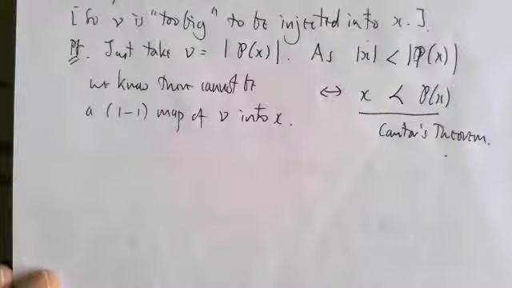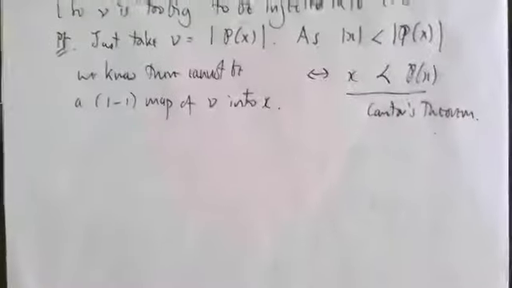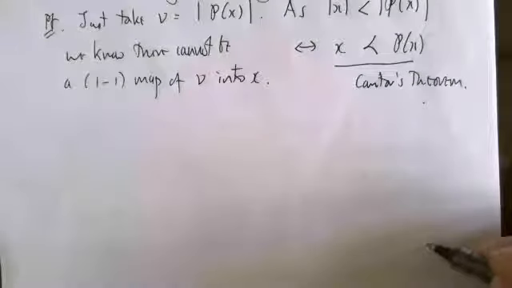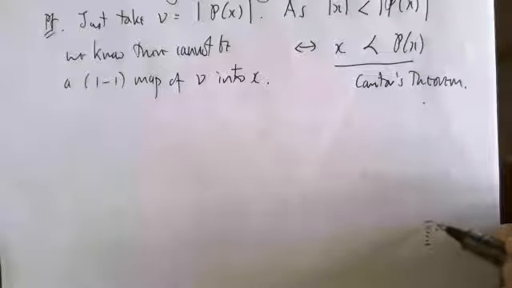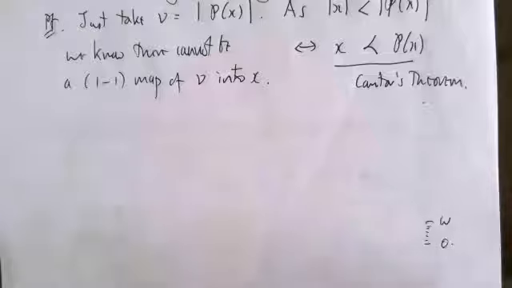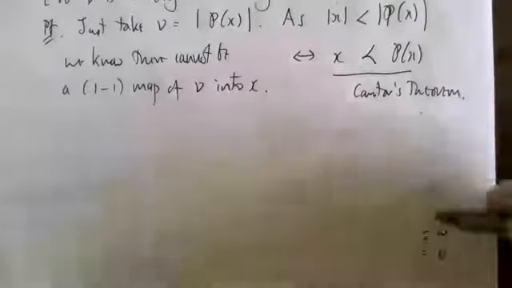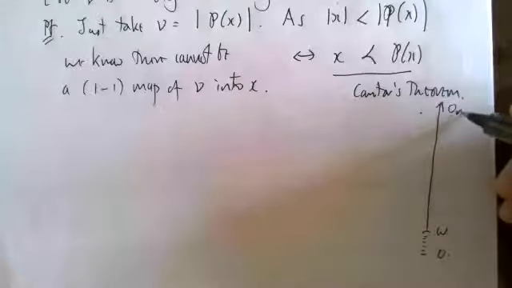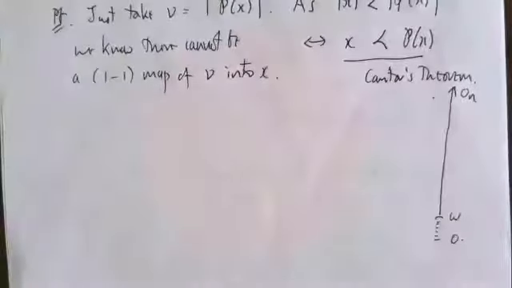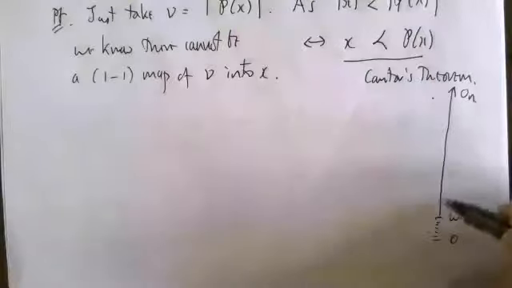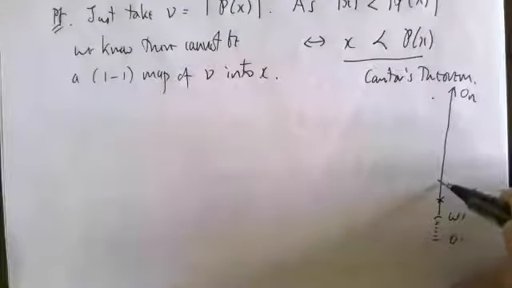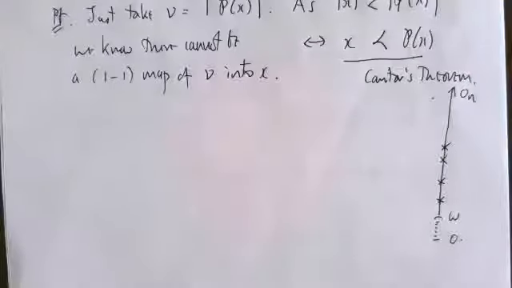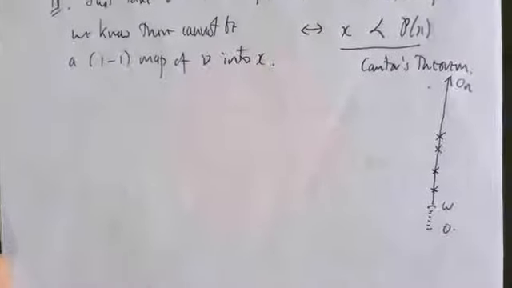So what this does is give us a picture of the cardinals, again, which I had on the previous page. Again, the finites. And then we have the ordinals. And the cardinals are a subclass of the ordinals. So it's convenient to enumerate them.